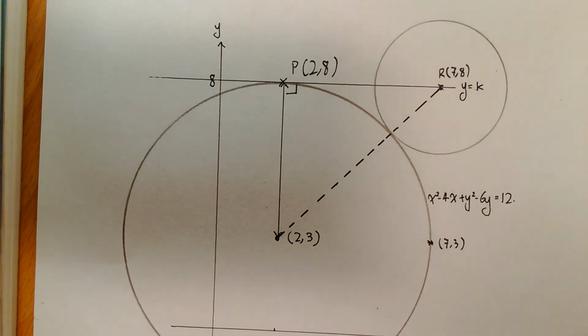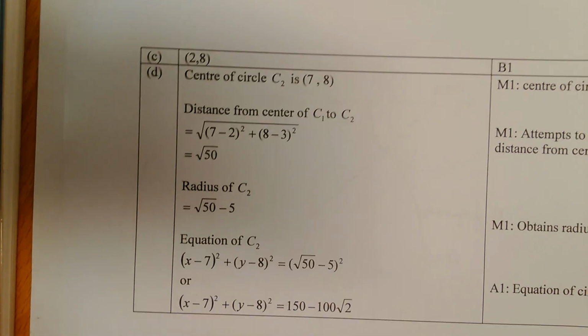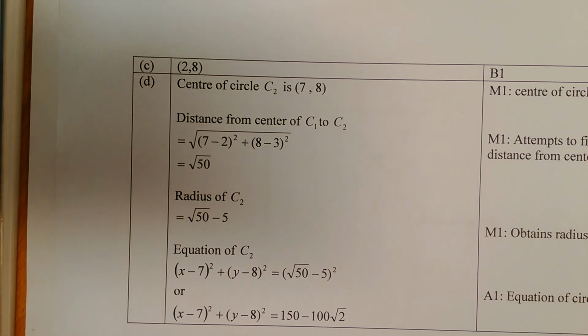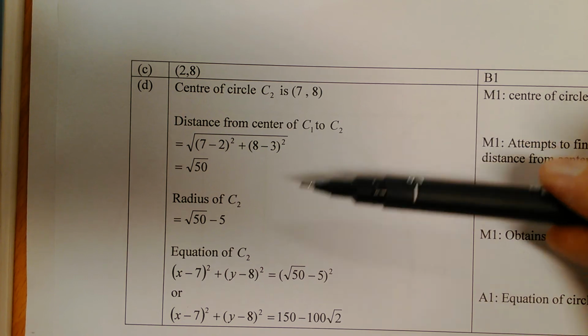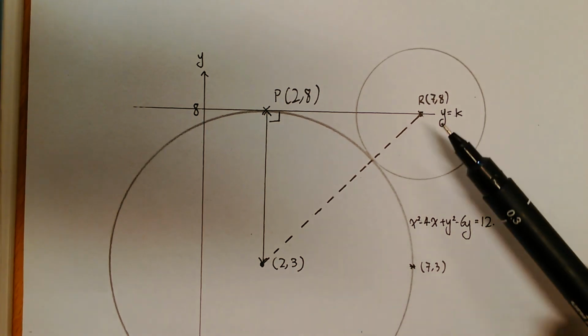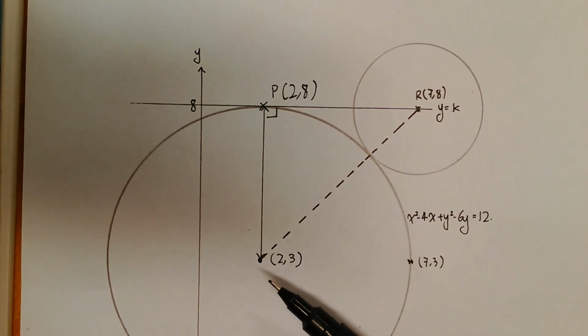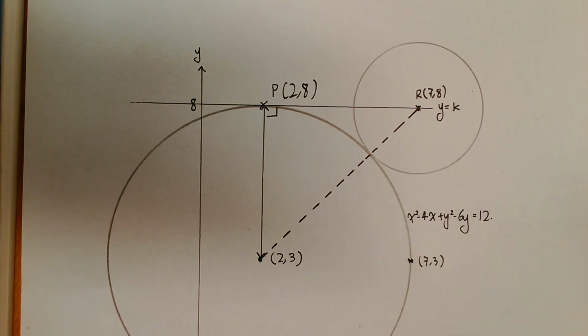So therefore, without much further ado, as I've explained with the diagram just now, the center of circle C2 is (7, 8). So distance from center C1 to C2, I apply the distance formula, I get square root 50. The radius of C2, as I explained just now, this distance from here to here, is square root of 50. I must minus away 5 units here.